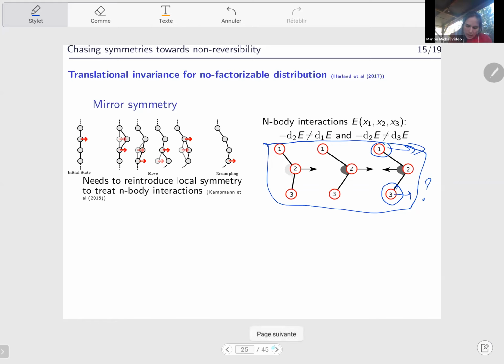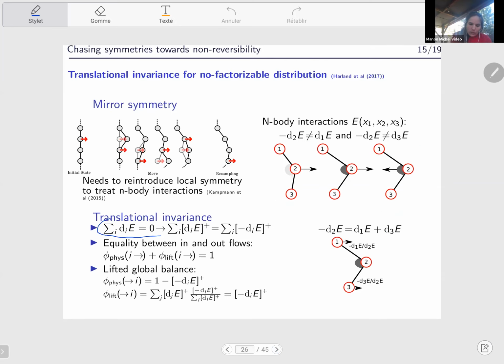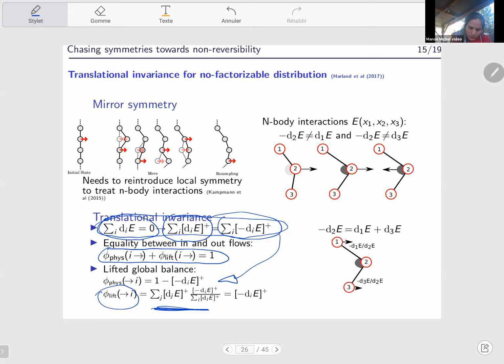And the idea here is that, okay, we don't have mirror symmetry, but we still have translational invariance, meaning that if you move all the particles, then you don't have a move at all anymore. And this translational invariance tells you that you have a balance between moving all the particles in the plus direction and moving all the particles in the minus direction. And because of that, you can show that you can have a compensation between your physical and lifting flow if the lifting flow is respecting this balance.